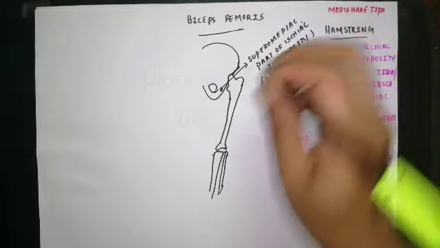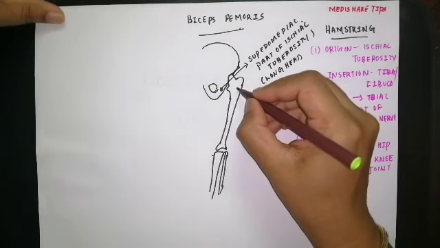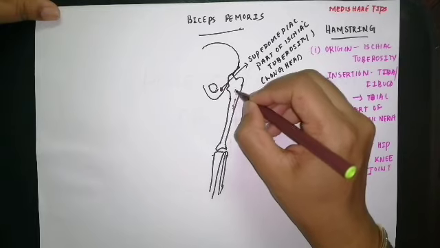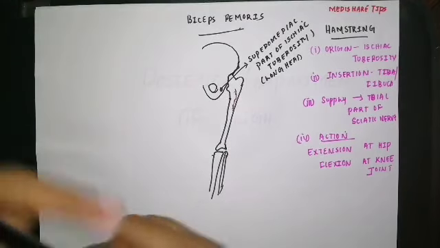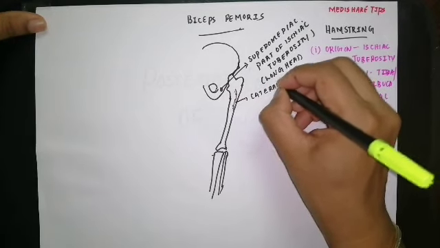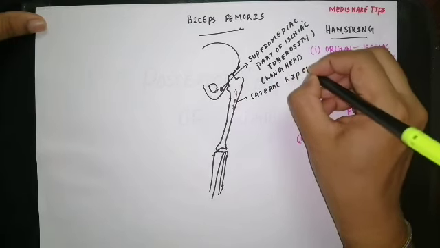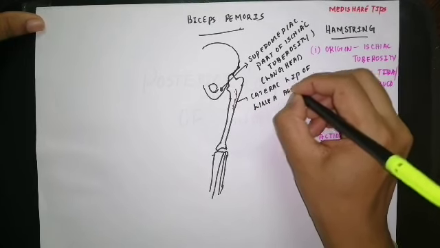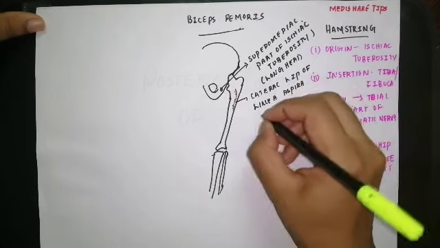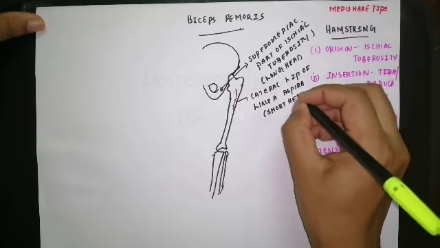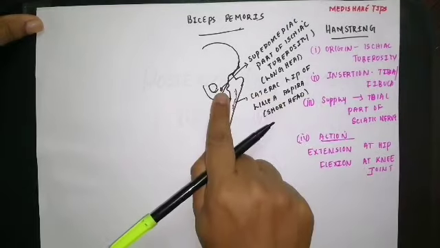Now about the short head, it originates from the lateral lip of linea aspera. So that is the origin of the short head. Actually, the short head of biceps femoris, you can see that it is not originating from the ischial tuberosity.